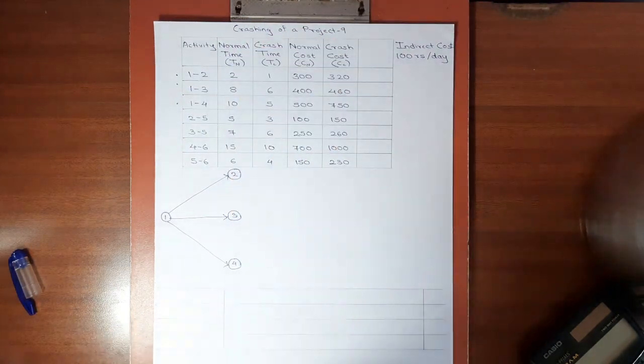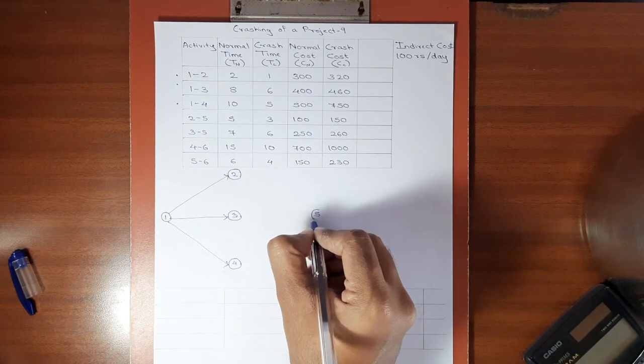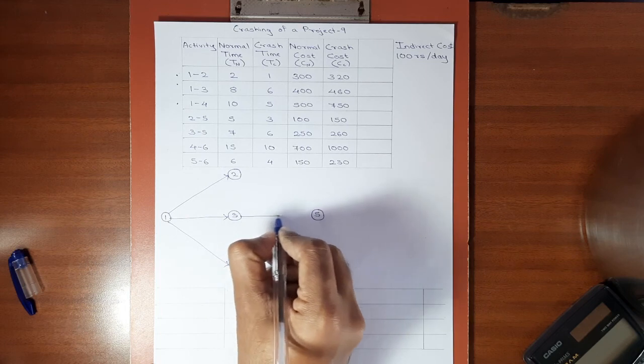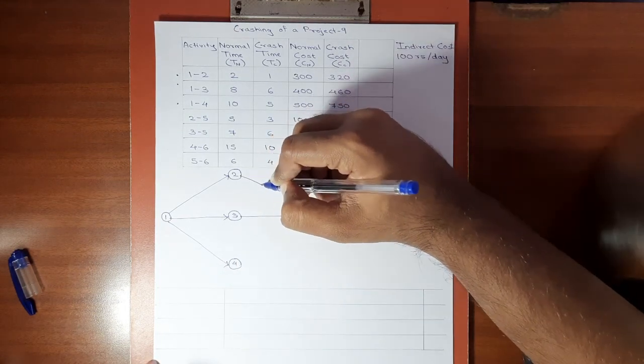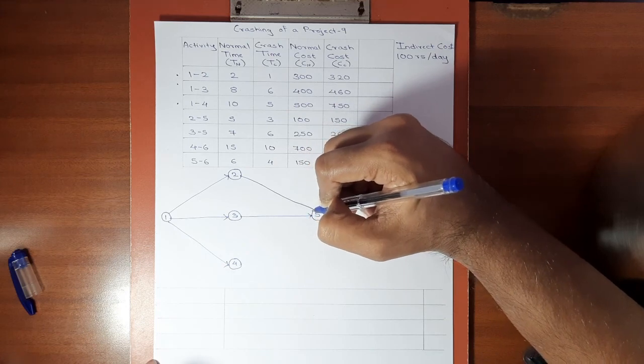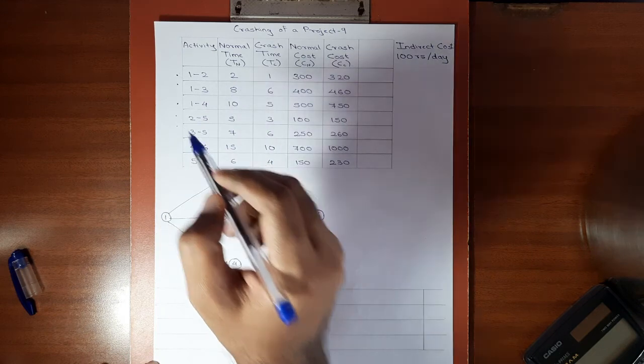Next is 2, 5 and 3, 5. I'll keep the fifth one over here. 3, 5 and 2, 5. 2, 5 and 3, 5 is done.